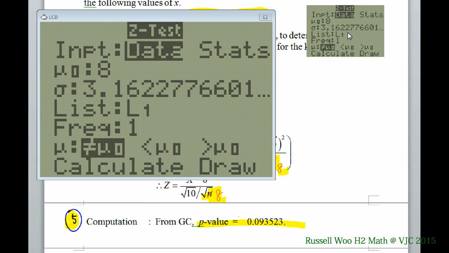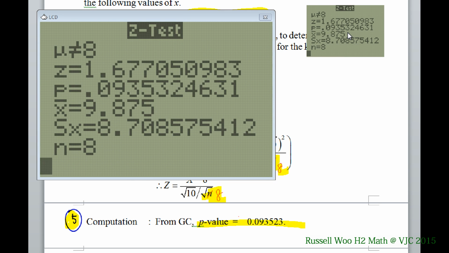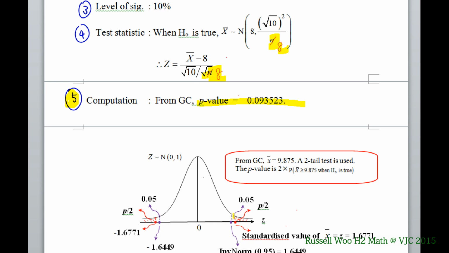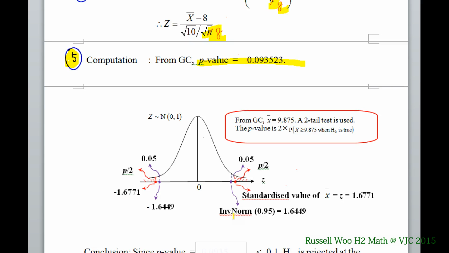But in some other cases, later on we'll see some examples that this function is very useful. Then you calculate. Then you get p-value 0.935.